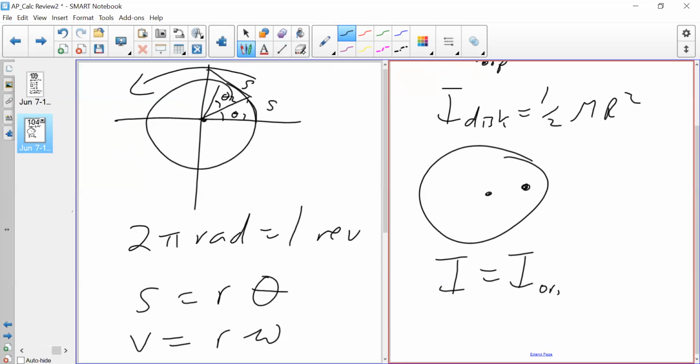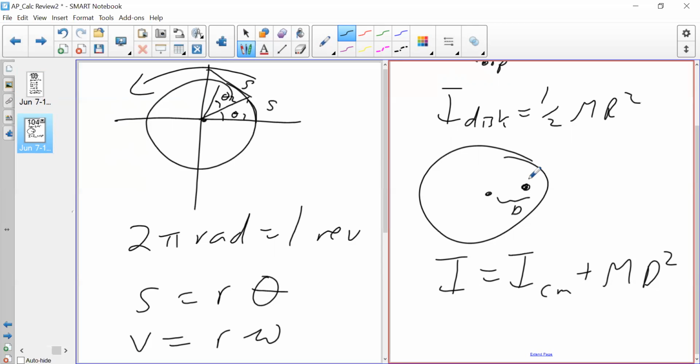Plus md squared, because now you take the mass and you go to a new distance d, and this is the parallel axis theorem. Imagine two axes coming at you parallel through those points. That's the basic idea there.